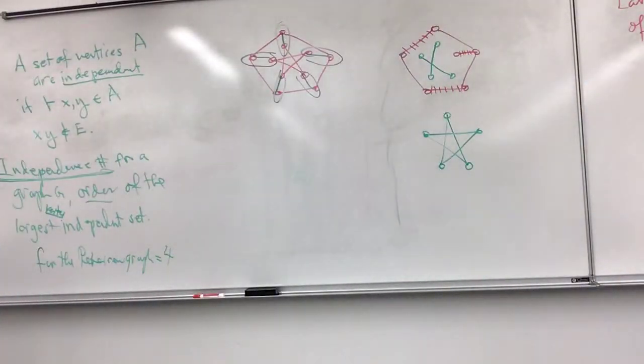So first of all, there's this relationship between the number of applicants and the number of jobs. I can't assign each applicant an individual job, but I can assign 3 of the applicants to 3 of the jobs.